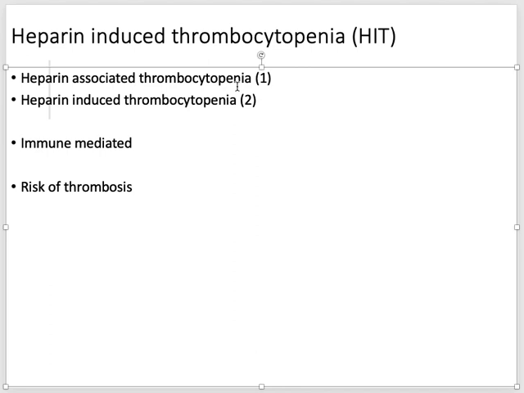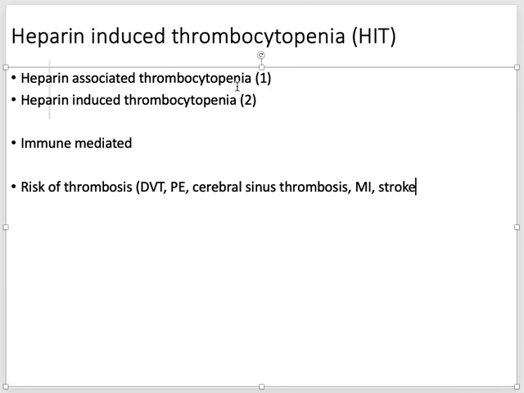See, simply, anyone who has HIT, because it is activating the coagulation system, may have deep venous thrombosis, pulmonary embolism, cerebral sinus thrombosis, myocardial infarction, very important, and a stroke.